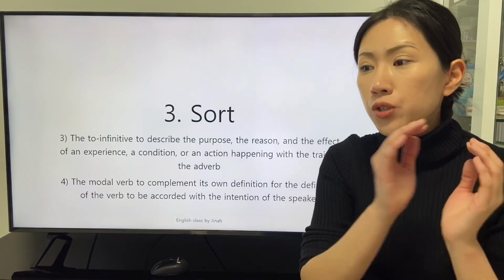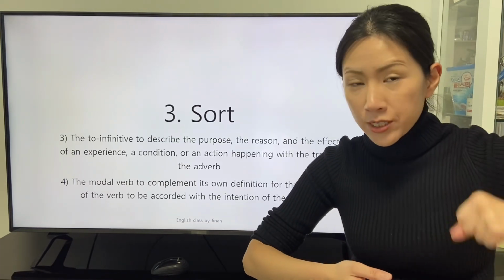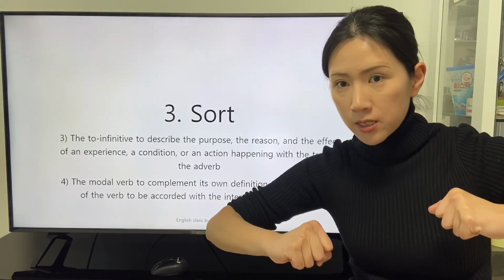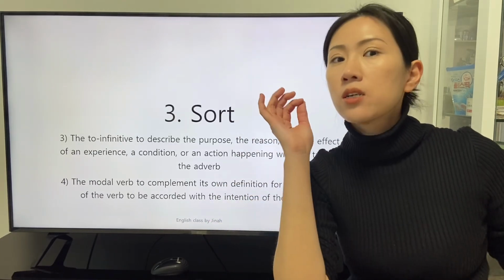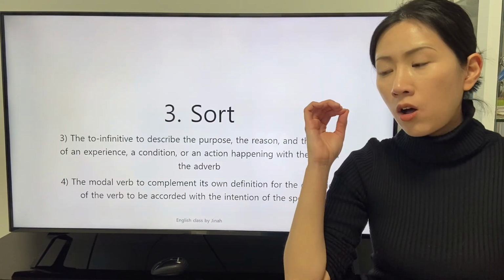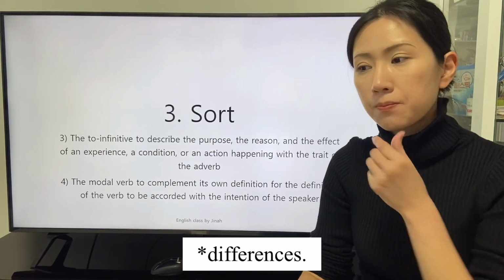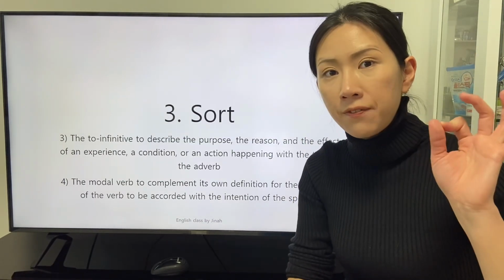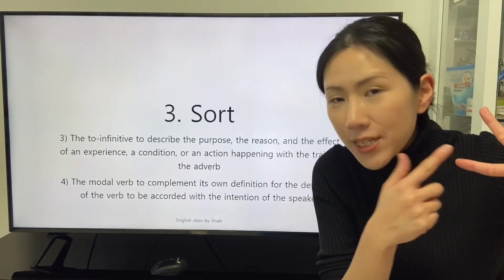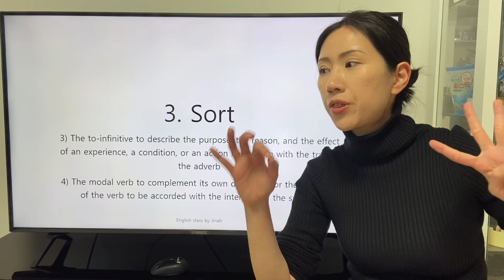The preposition to mediates the relationship between the subject and the object, just like a transitive verb. But there are some differences. The roles of a verb are four. The first role of a verb is that it constitutes a clause with a subject.